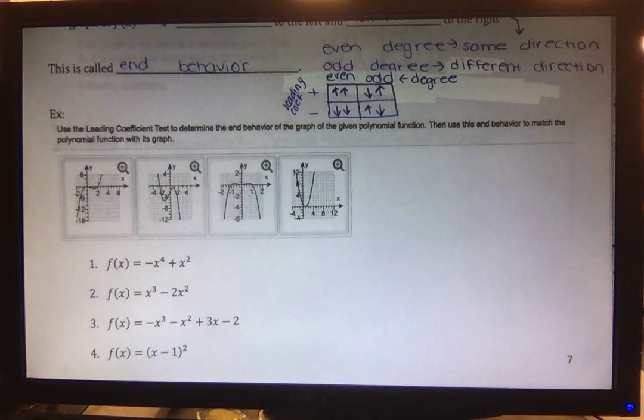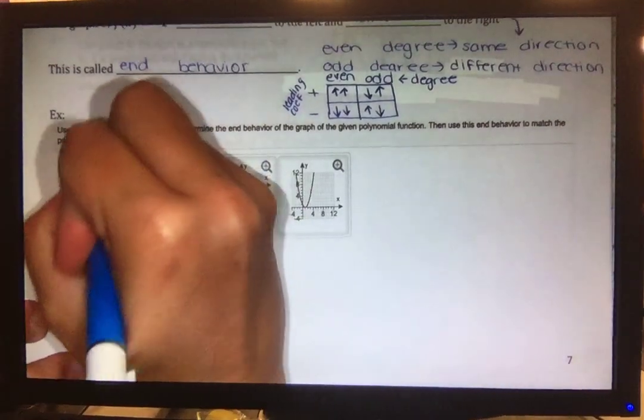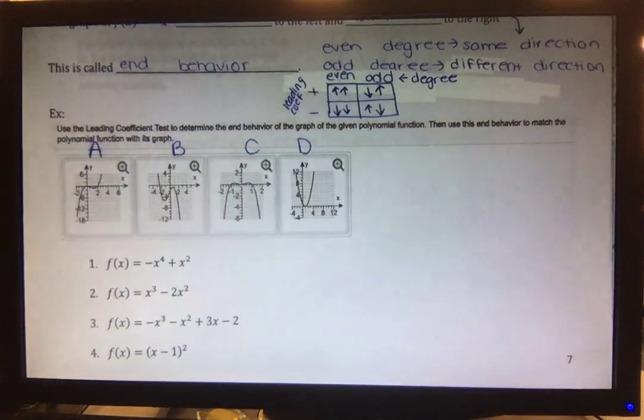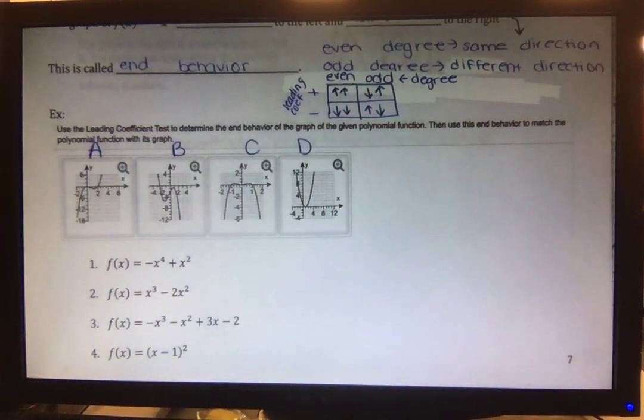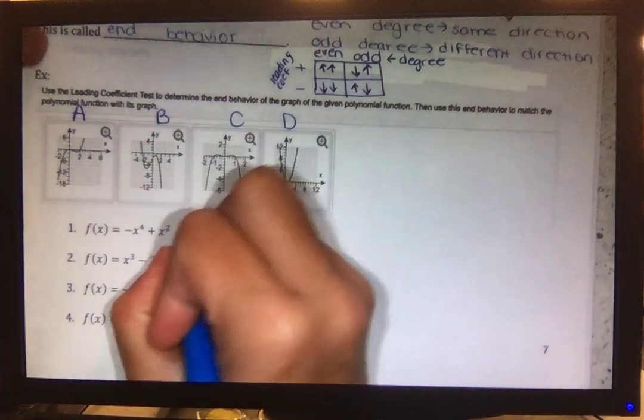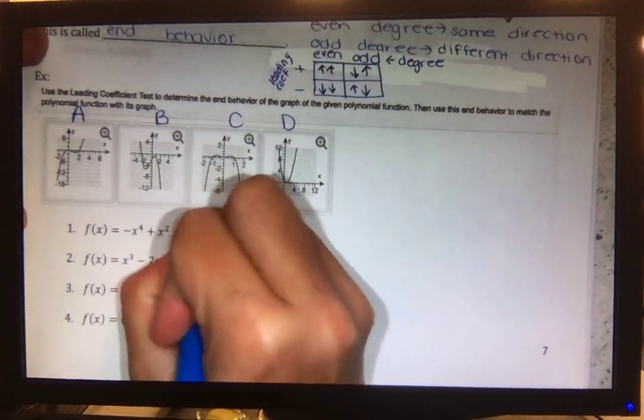So going back to matching, let's label the graphs A, B, C, and D. And then we have 1, 2, 3, and 4 for our equations. Looking at our equations, what is our end behavior? Match the end behavior with the graph. So number 1, what is my degree? 4.